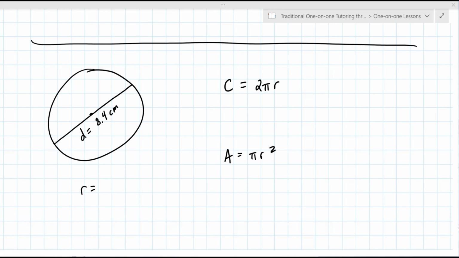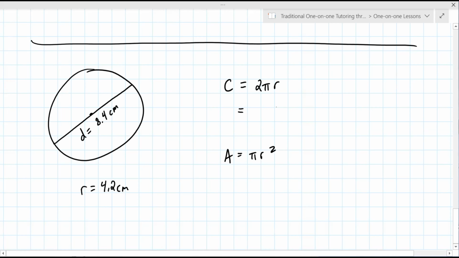Okay, Sourish, I'm just asking you to find the radius. You just have to divide this number by 2. 8.4 divided by 2 is... And use that calculator that I sent you a link to. Yeah, this is 4.2, 4.2 centimeters.